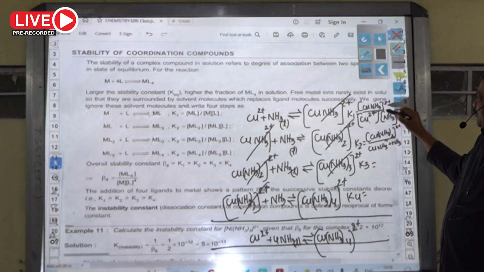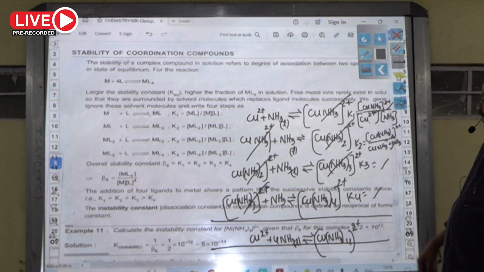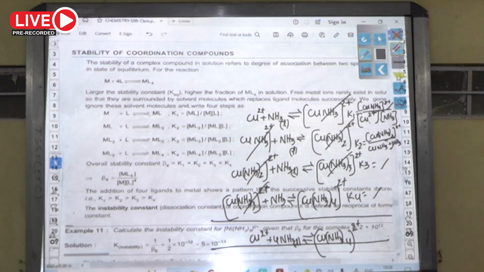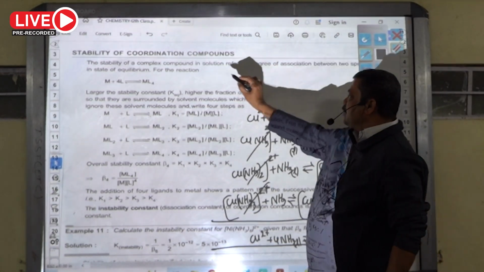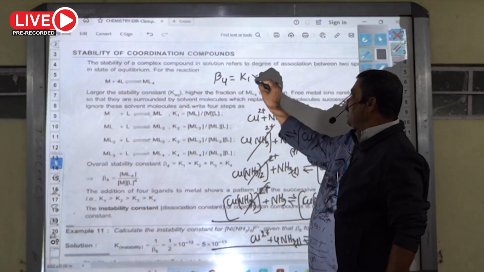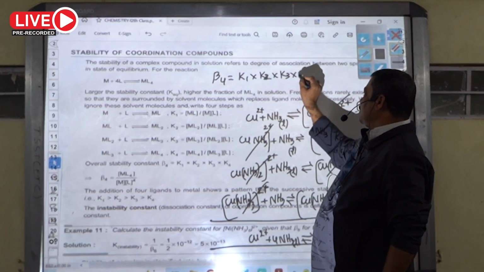These K1, K2, K3, K4 are called stepwise stability constants. The overall stability constant is called beta. So beta 4 is equal to K1 into K2 into K3 into K4.